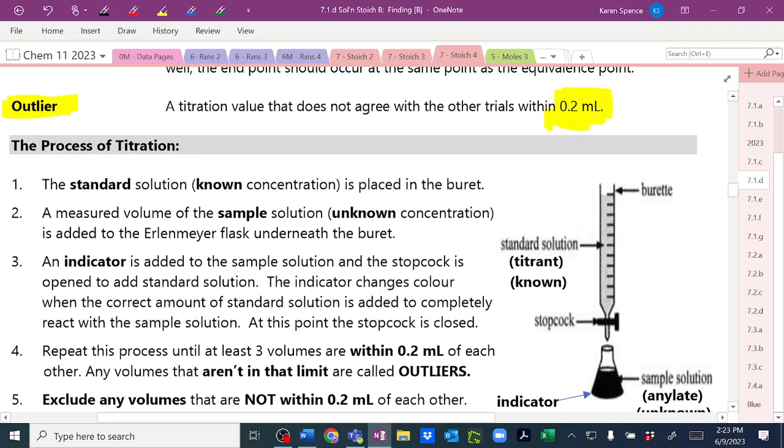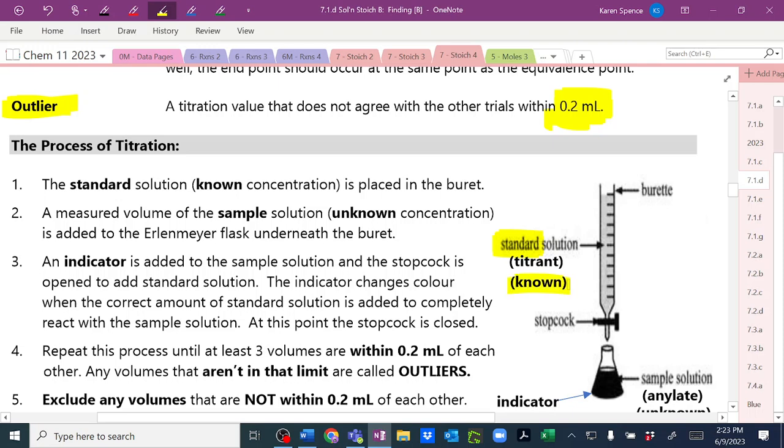So here's our process of titration. Last day, we actually did a bit of what we call a reverse titration, where our unknown concentration was in the burette and the known substance was in the flask. But normally, and this is what you are going to do next week, your standard, what is a standard?